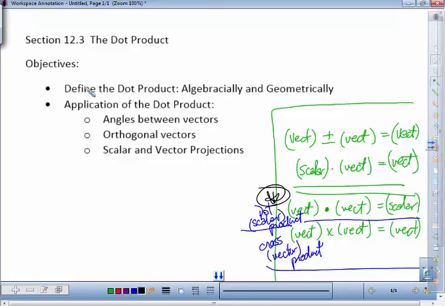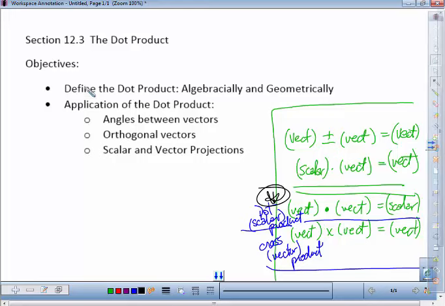And today we're going to try to define the dot product in a couple different ways. Now, a lot of textbooks, including this one, define it one way, and then the other way becomes like a theorem or something. Some books define it geometrically, and then they present the algebraic as a theorem.